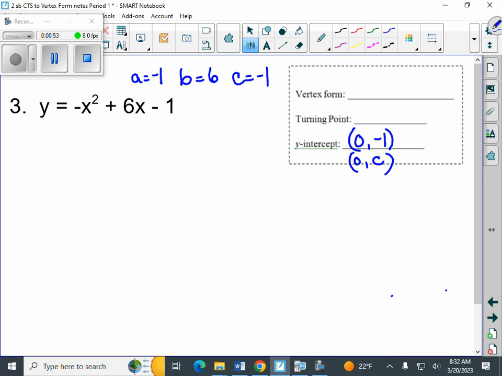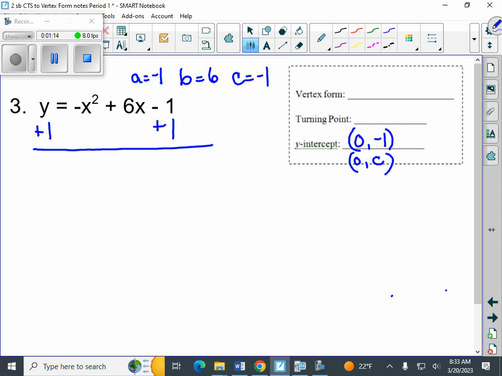So when we start this problem, we are going to put all of the x's on one side and the constant on the other. So we're going to take this value of negative 1, and we're going to move it over to the other side. Again, it is a personal preference. I'm going to write 1 plus y.